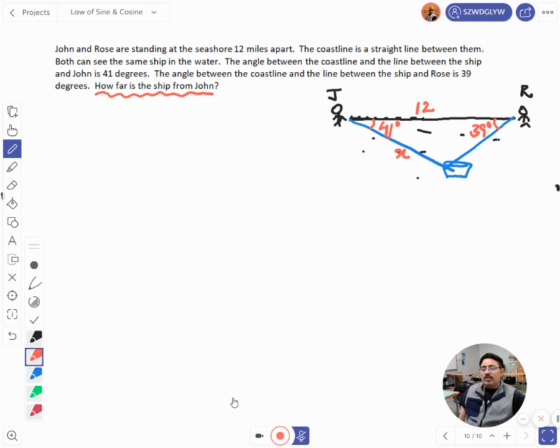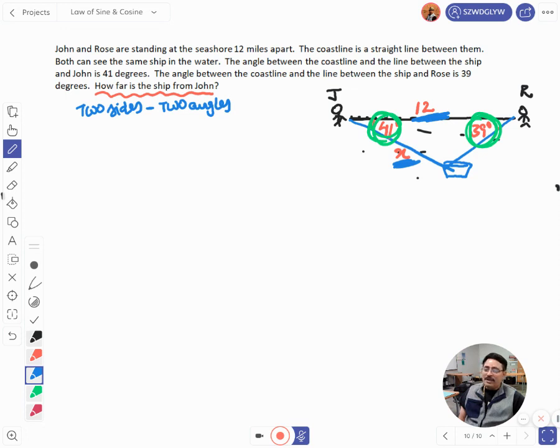Once when you write all these things, you see that two angles are given and one side is given and you are asked to find the second side. Two sides and two angles. Which law do I have to use?